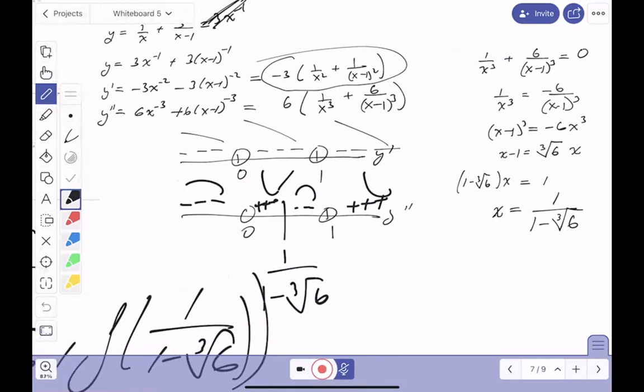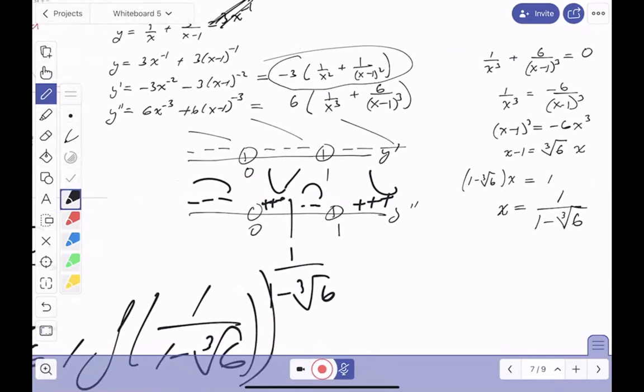Must have made a mistake somewhere. Minus 6, let's see. 6x minus 3, 6x minus 1 cubed.